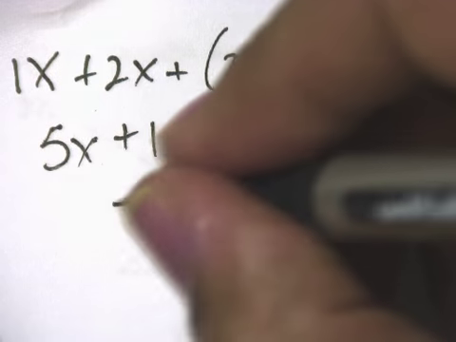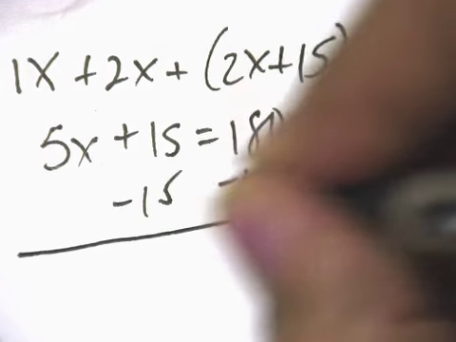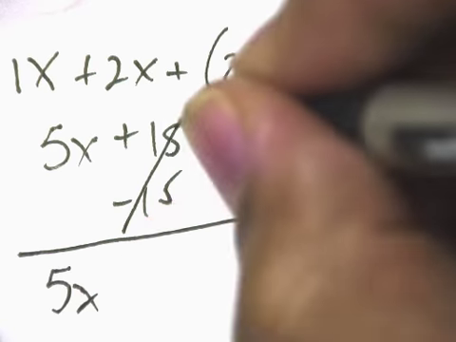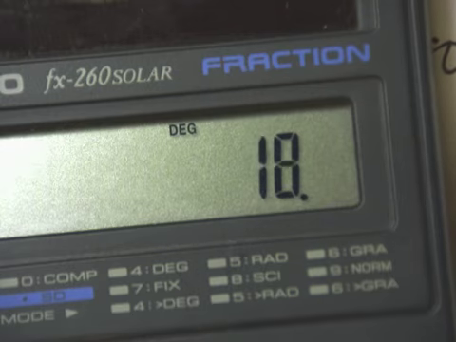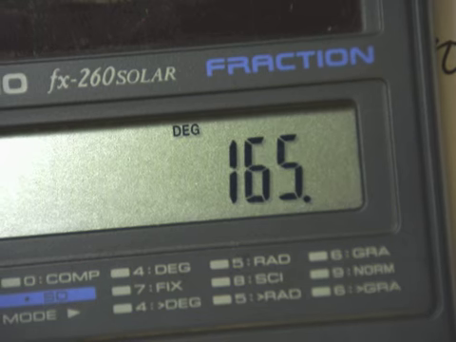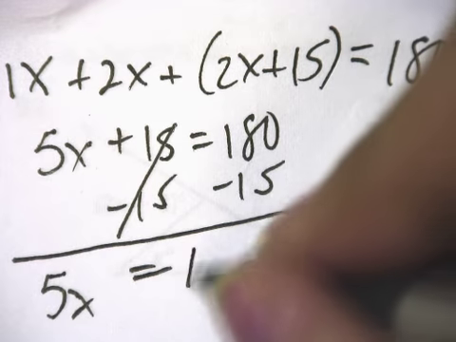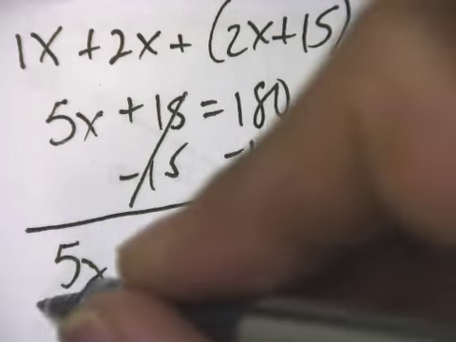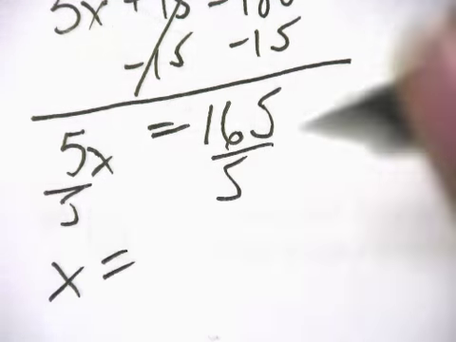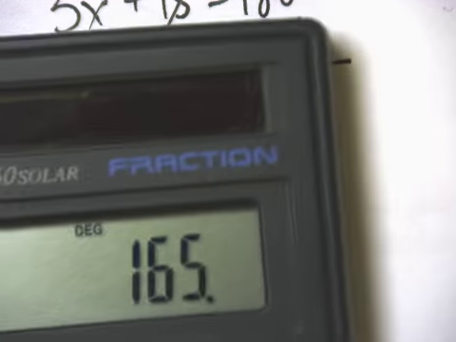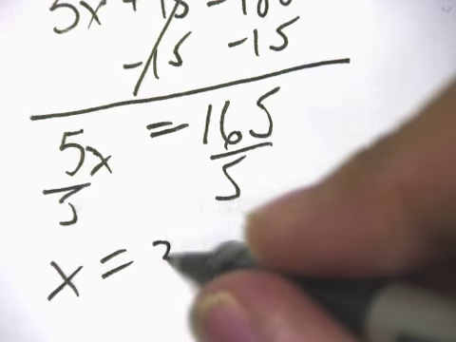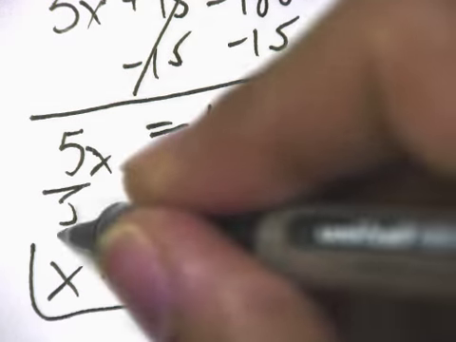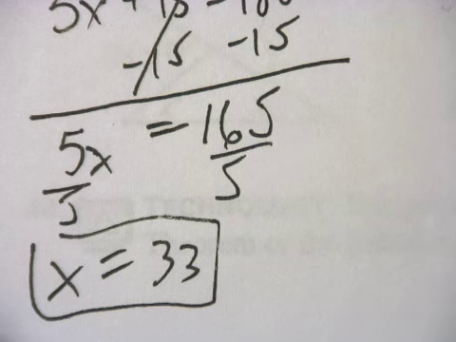And from here, we all know what happens. 180 minus 15 is 165. Divide both sides by 5. 165 divided by 5 gives me 33. So x equals 33.